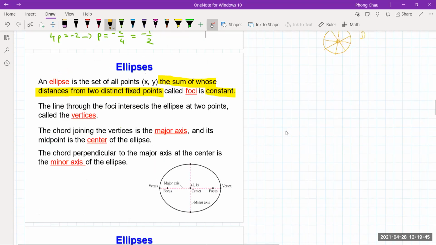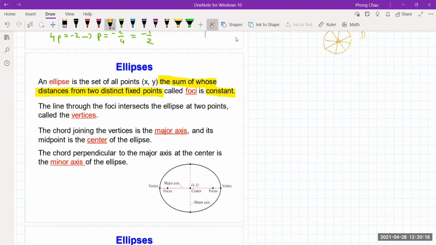I have another diagram here for you to visualize the vertex, focus, majors, minors. Now the center, we're going to label as h, k, the location of the center. In this case, the major axis is horizontal. We might consider the case where the major axis is vertical.